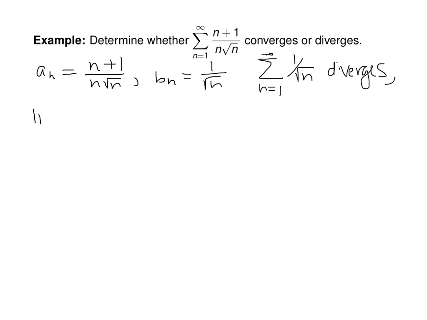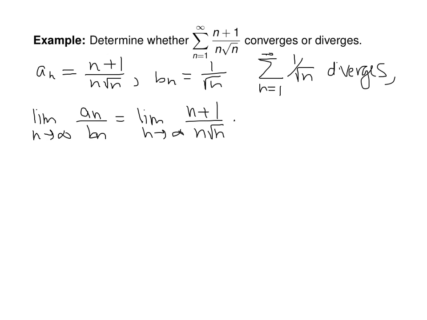So now let's find the limit as n goes to infinity of a sub n over b sub n. So that will equal the limit as n goes to infinity of n plus 1 over n root n multiplied by root n over 1. So that's n root n plus root n over n root n.